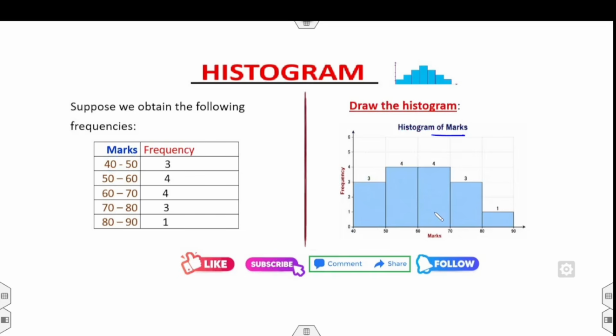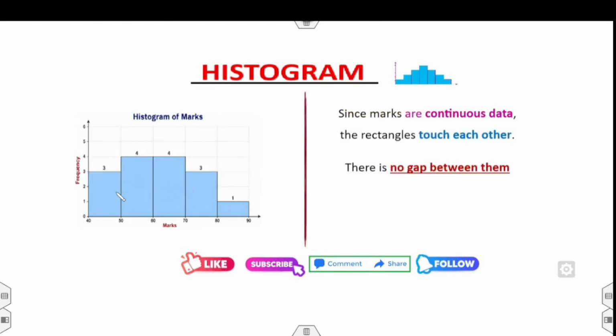The histogram of the marks looks like this picture. Make sure, students, that the x-axis always represents the marks, or the class intervals. But make sure, as you can see, there is no gap between the two rectangles.